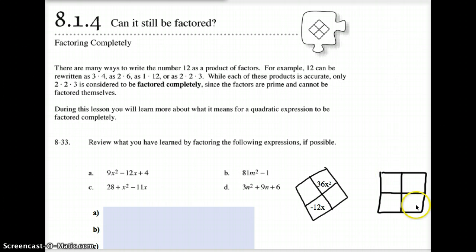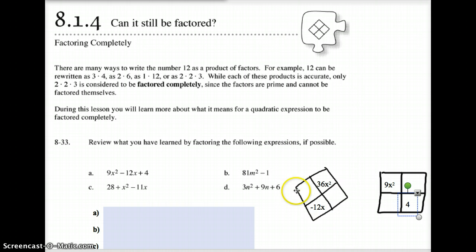As we said, these go in two opposite boxes here. It doesn't matter if it's these two opposites or these two opposites, as long as they're opposite boxes. The first term, the 9x squared, goes here, and then the last term, positive 4, goes right there.